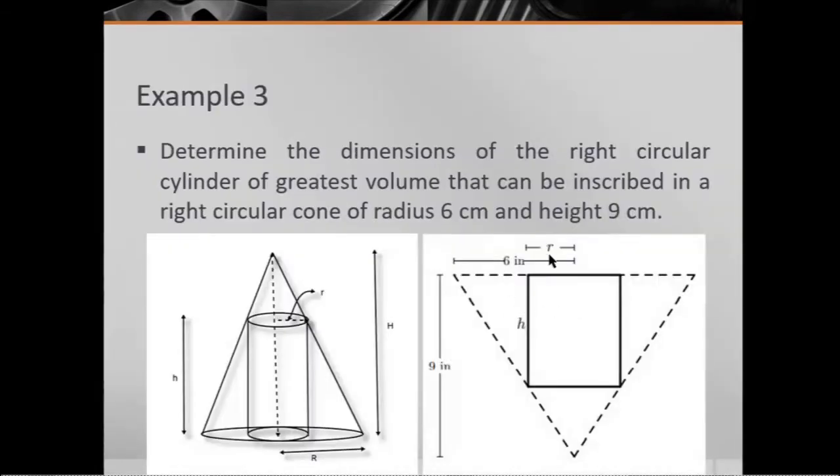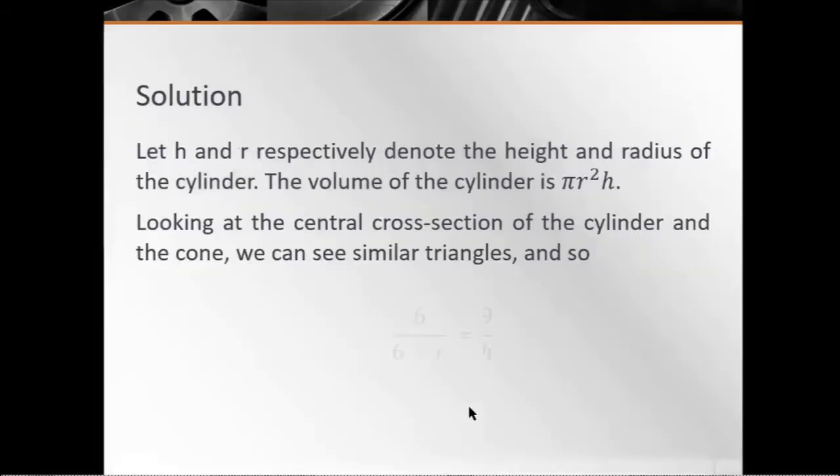Dito sa ating second figure, makikita natin yung similar triangle. So, gagamitin natin yung definition ng similarity of triangles. So we have the ratio or the proportion of 6 over 6 minus r equals 9 over h.